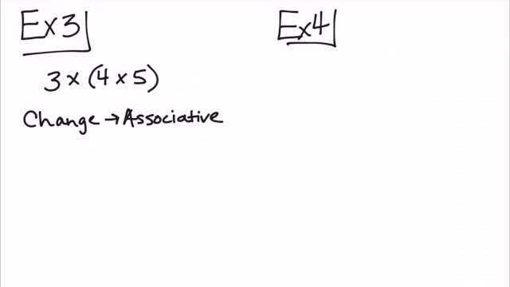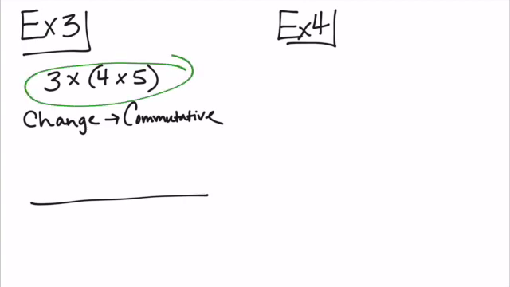And then over here, you know what? I'm going to make that a little bit harder. That's a little too easy. Let's change it using the commutative property. So write a new expression where all you did to it was change this one using the commutative property.